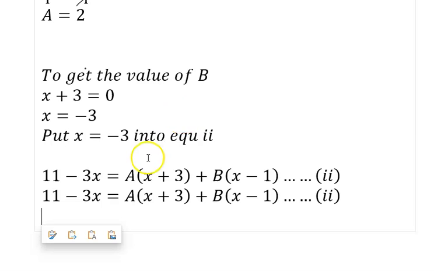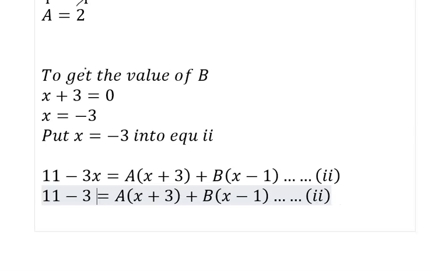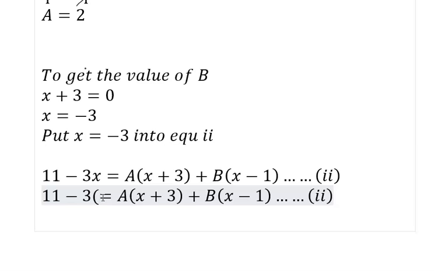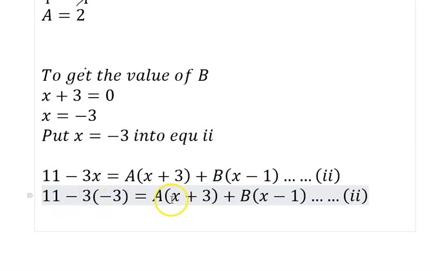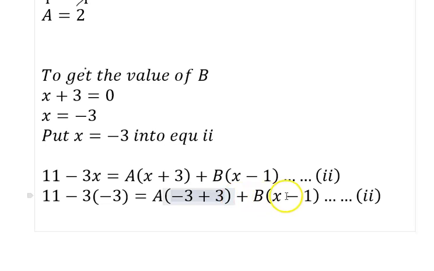That means anywhere we see x, we put minus 3. So here we have x, we put minus 3. We have x here, we put minus 3. We have x here, we put minus 3. Beautiful.